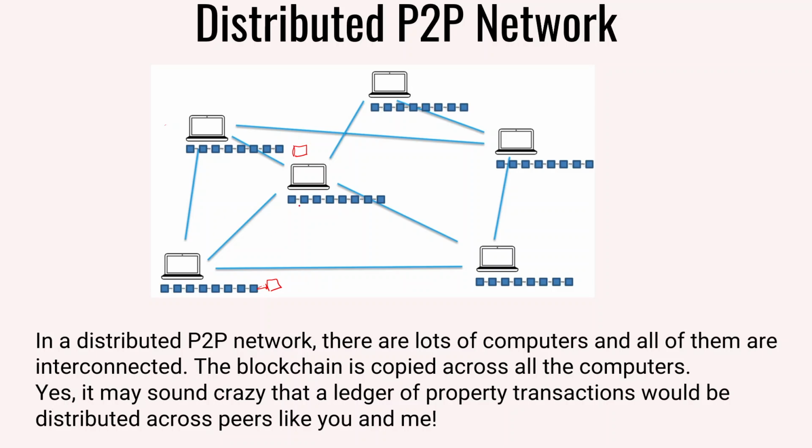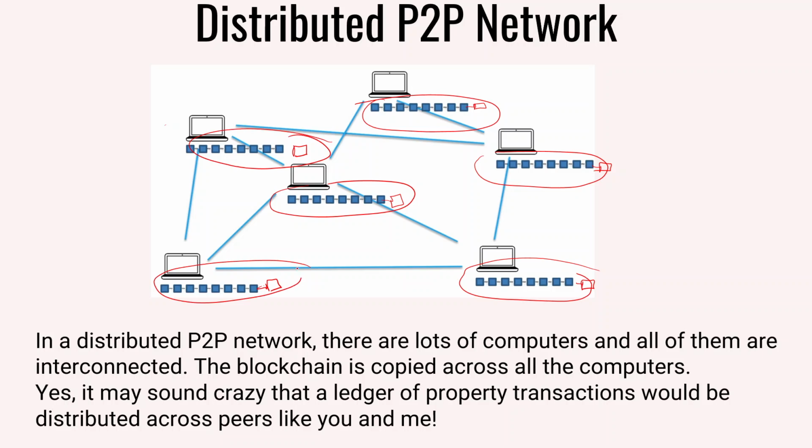Every other blockchain of the other computers will get the same block. This one will get the same block, this one the same block, this one the same block, and this one the same block. And hence the blockchain for the entire system will be maintained, as you can see from here.